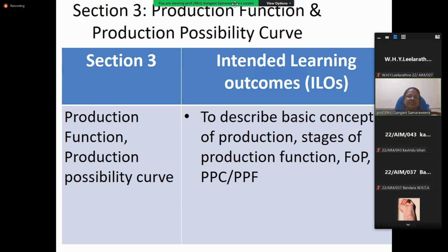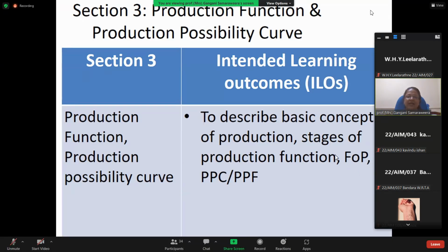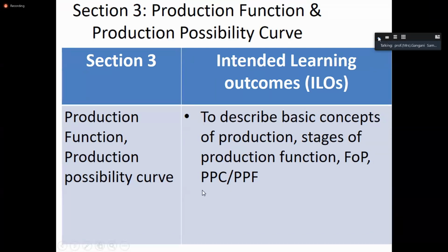In this section, you have to learn about basic concepts of production and what are the stages of production and factors of production. And I think factors of production last time also we discussed basically, and production possibility curve or production possibility frontier.